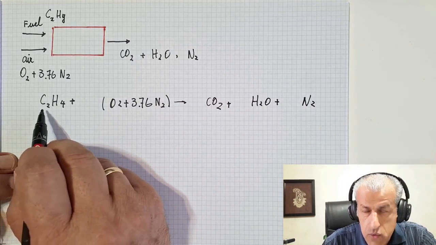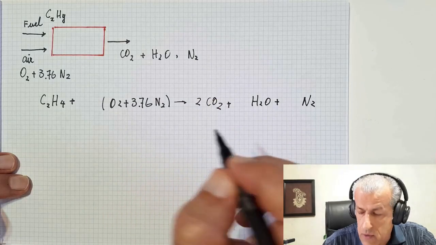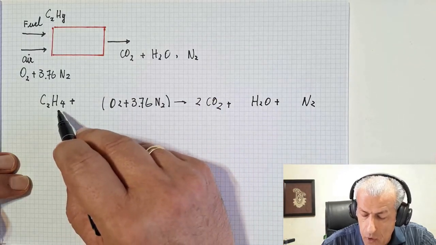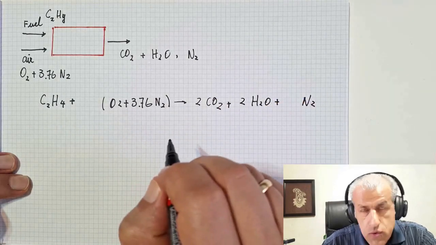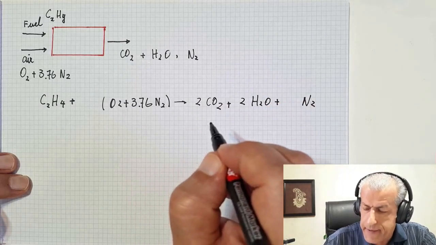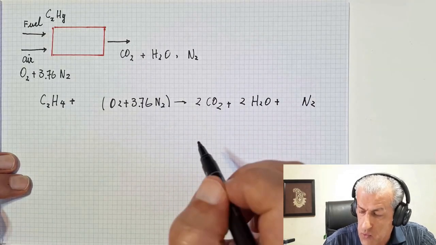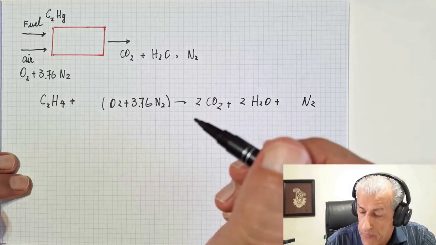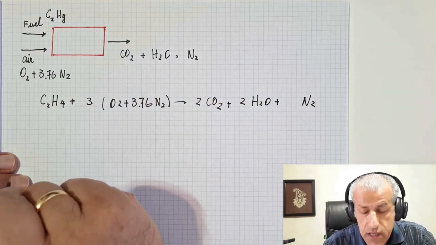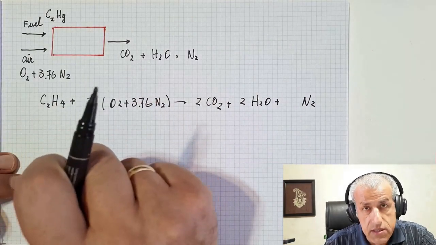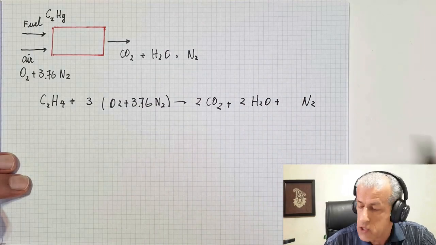There are two carbons, and therefore there would be two CO2. There are four hydrogens, and therefore two H2O. There are four oxygens here, two oxygens here, therefore we have six oxygens, and therefore if we put a 3 here, we would have six oxygens, which is enough oxidizer for both CO2 and H2O.